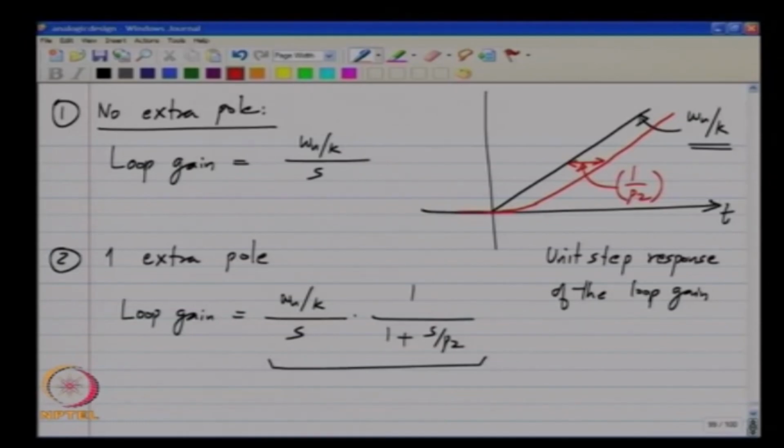So, approximately speaking, the step response with the extra pole is delayed compared to the one without the pole by an amount 1 by P2. So, it is no surprise that the results when you have an extra pole look similar to results when you had the ideal delay.